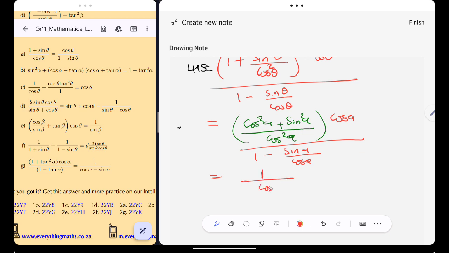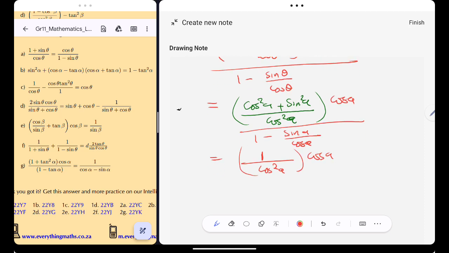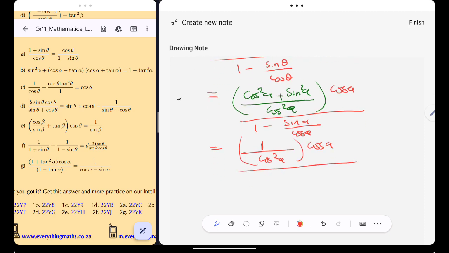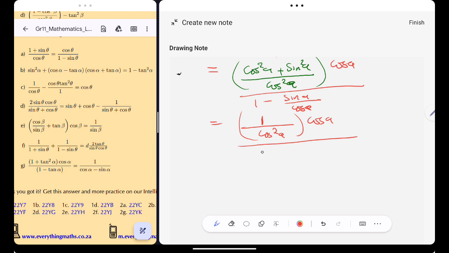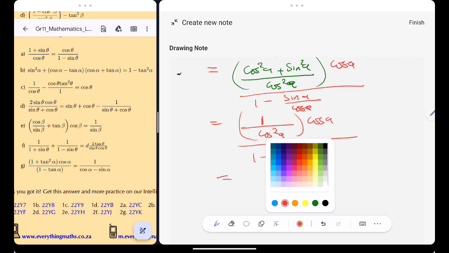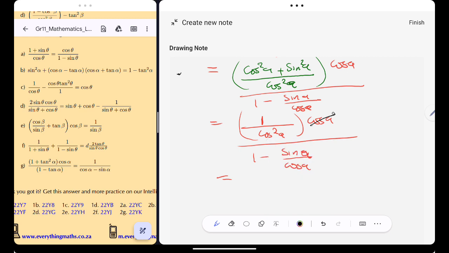Then I'll have 1 over cos squared A multiplied by cos A all over 1 minus sine A over cos A. But please note that, guys, this will go with one of these.